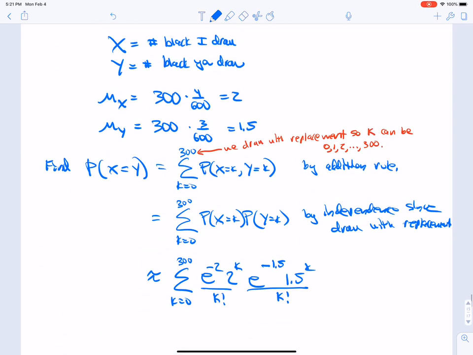Because we're drawing with replacement, the number of black marbles we may draw is between 0 and 300. So we're just going to apply the addition rule and independence, and then our Poisson formula.